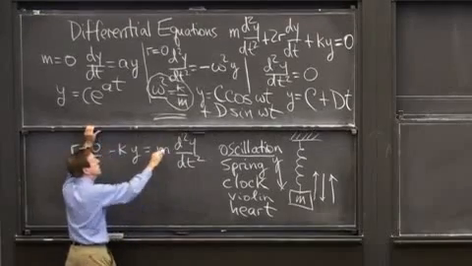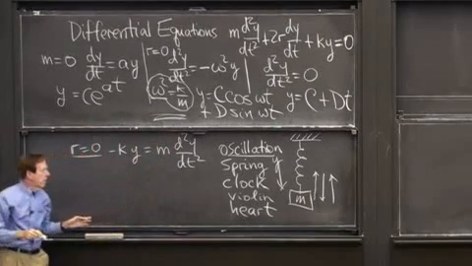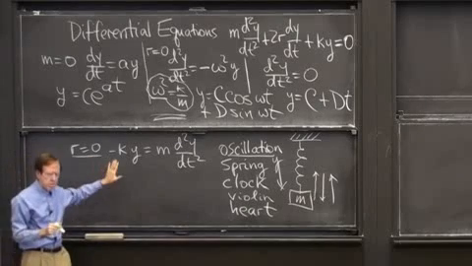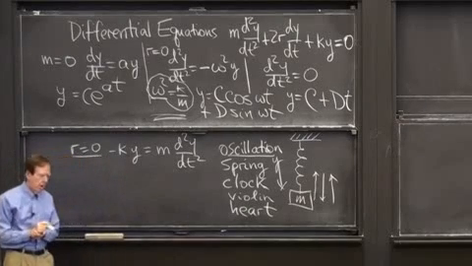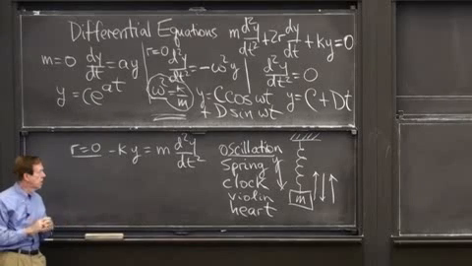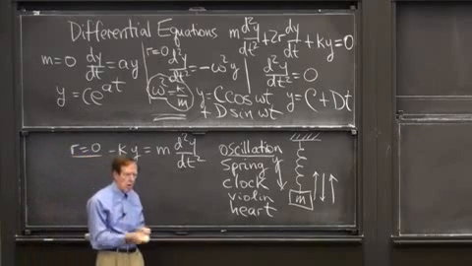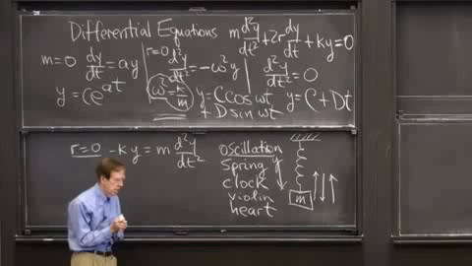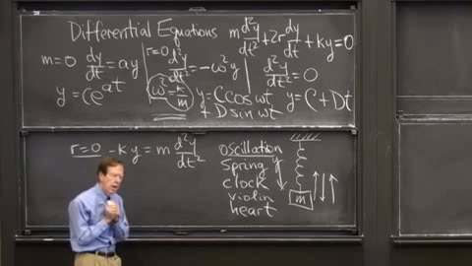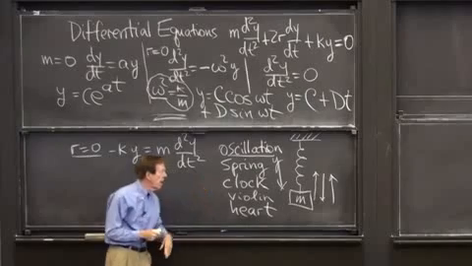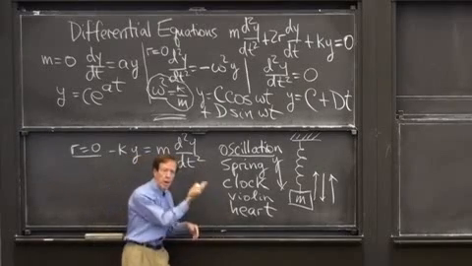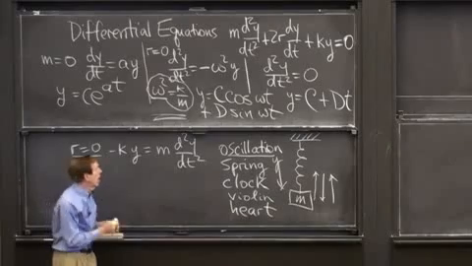Do you see that this is the case where r is 0 in this first model? r is 0 because r involves resistance. R for resistance, air resistance, damping. And right now I don't have that. I just have a little spring that'll oscillate forever.